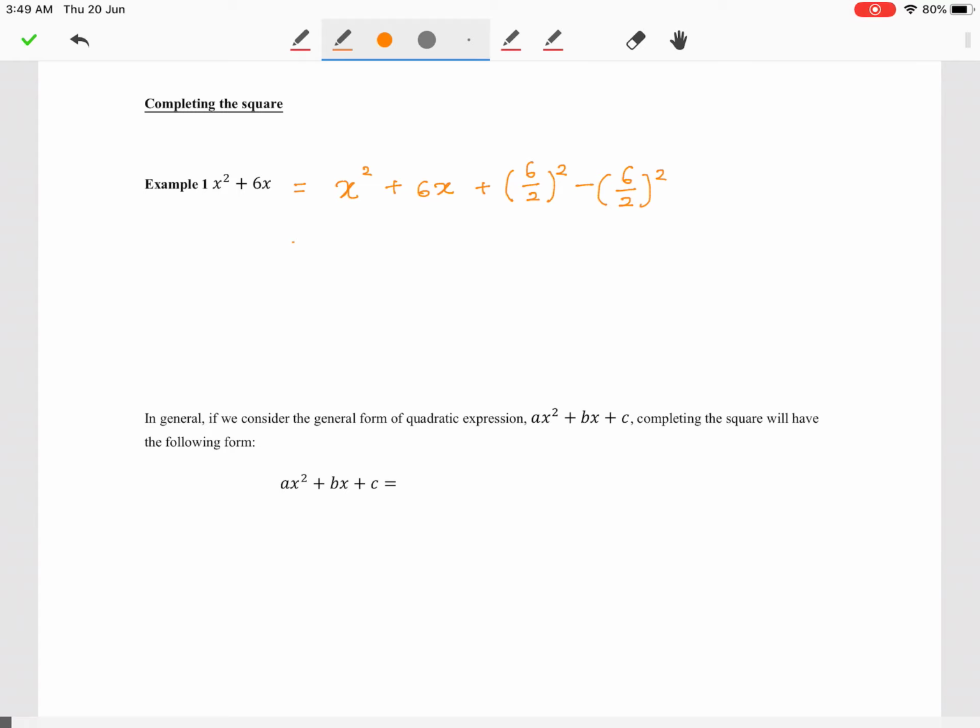If we do that, you can combine the square terms into one, because 6 over 2 is 3, so we have a square there. So you subtract again 3 square, which will give you x plus 3 square minus 9.